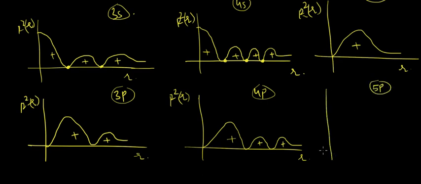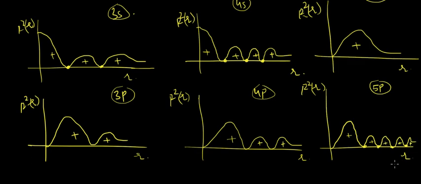The graph of 5p would again be r squared R versus r. 5p would have 4 radial nodes, so the graph would have 1, 2, 3 and 4 radial nodes.